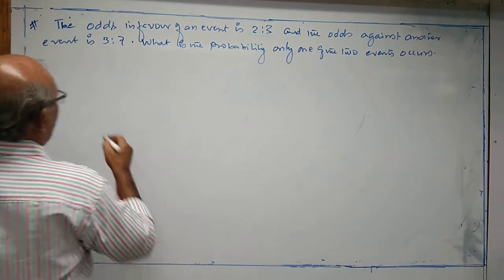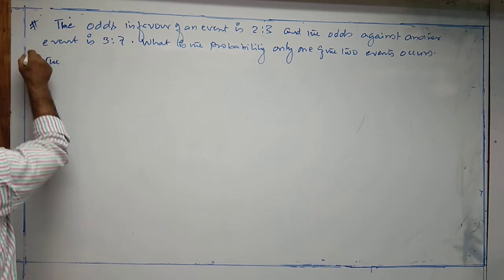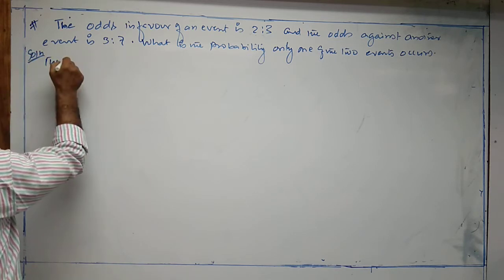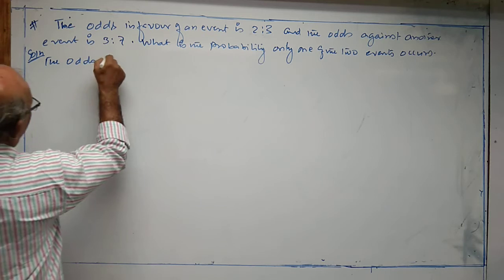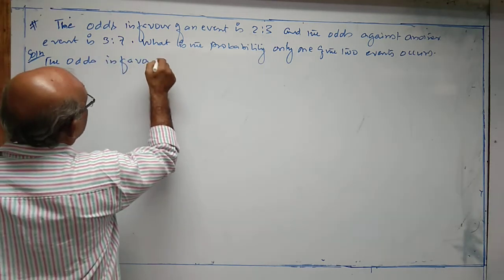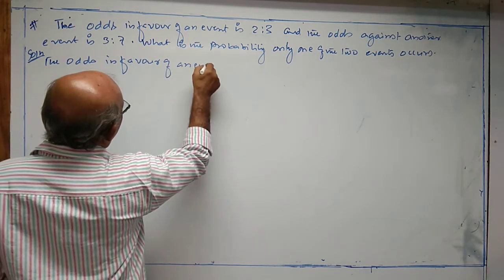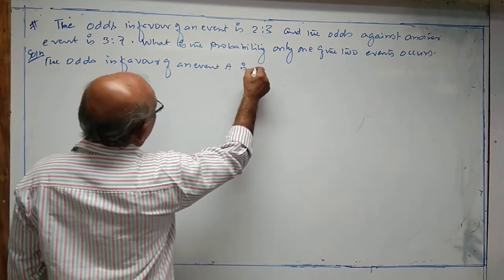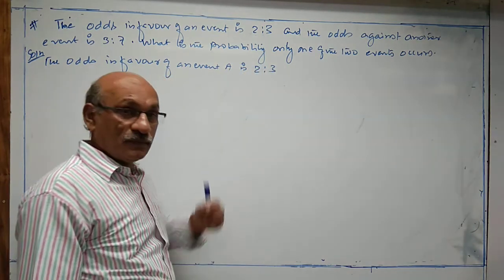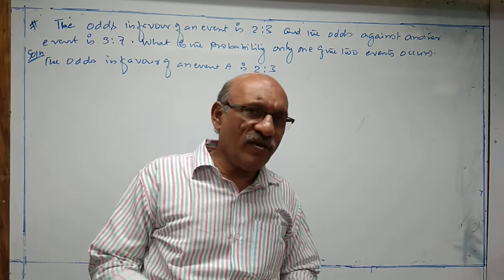See the solution. The odds in favor of an event A is 2:3. So total 5 cases are there.